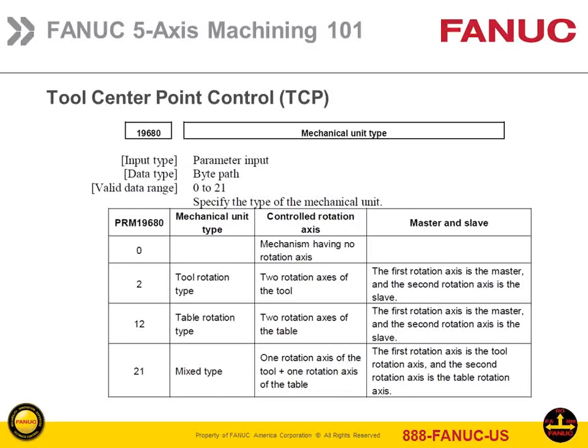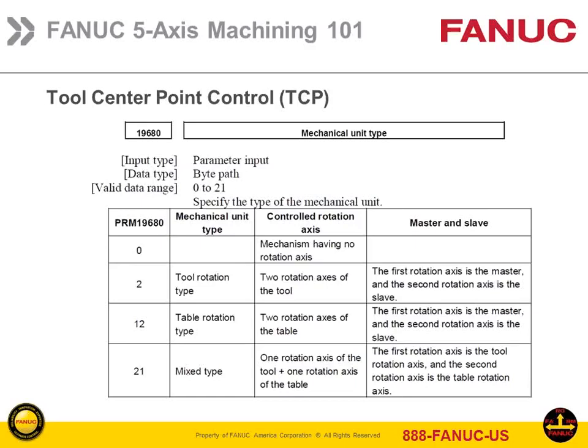And you have 4 choices here. This is in our parameter book, but you want to make sure that you have it set correctly. The 4 choices are 0, where you have no rotation axes, and 2, where the tool is tilting, so the head tilts 2 different ways. 12 would be a table rotation type, where you'd have like a B axis with something on top of it.